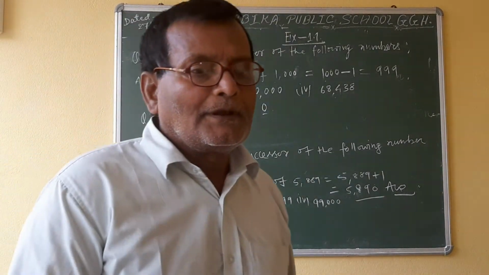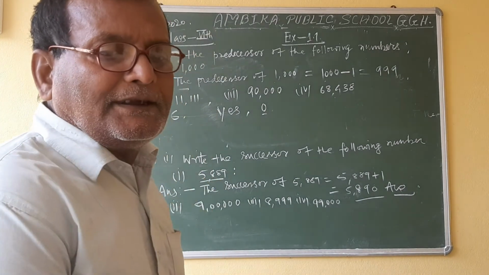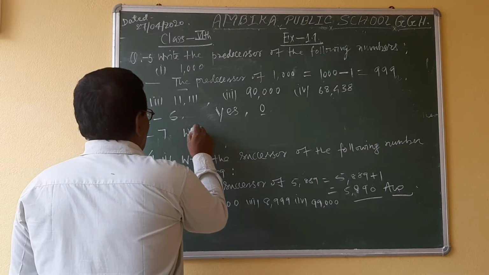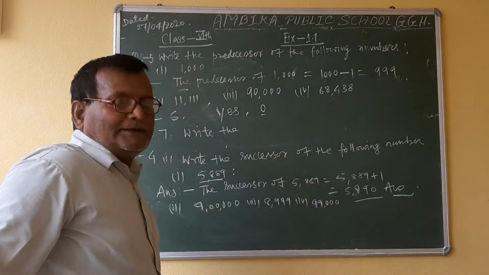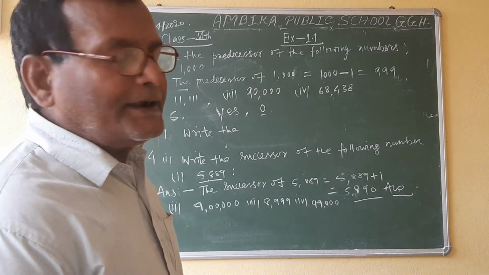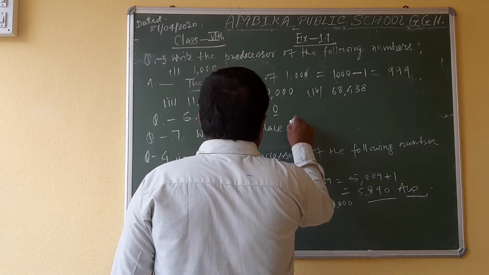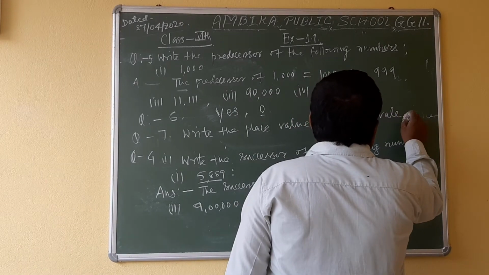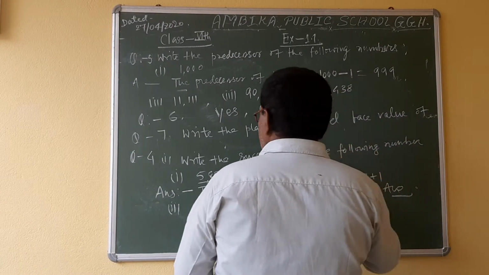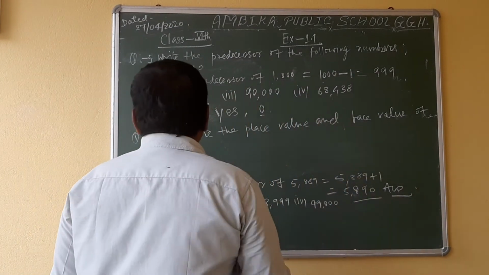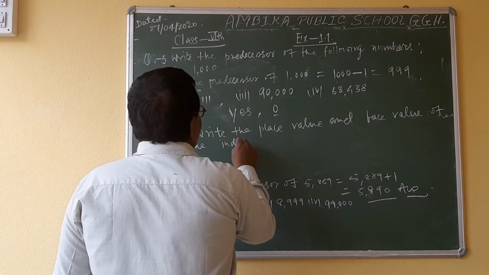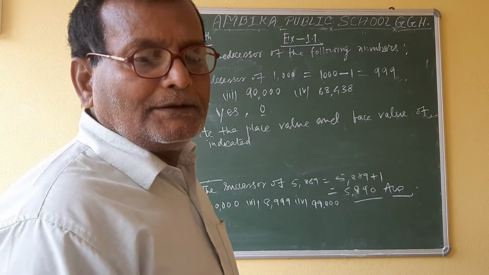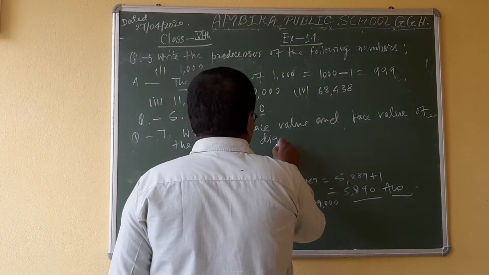Question number 7: find the place value and the face value of the indicated digits in the following numbers.